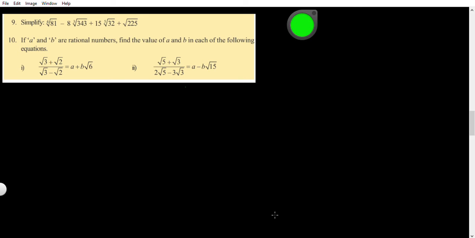See the ninth problem. We have to simplify the ninth one from exercise 1.4 from real numbers.